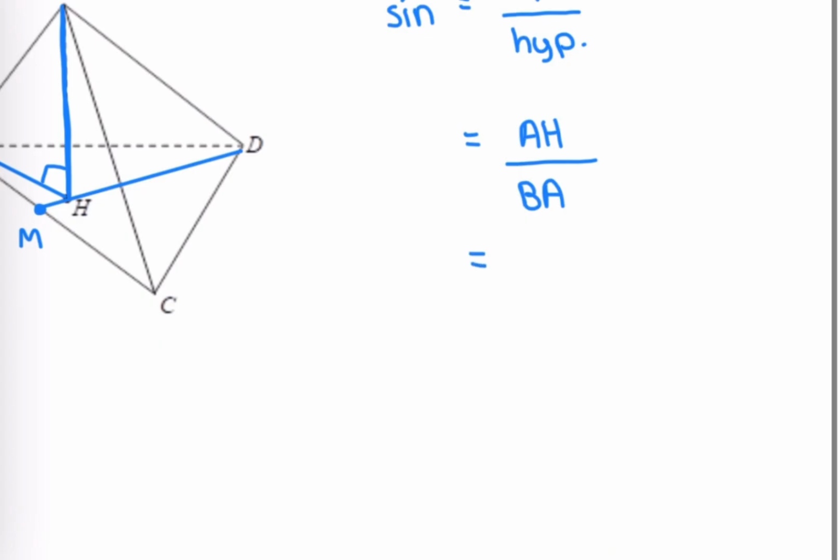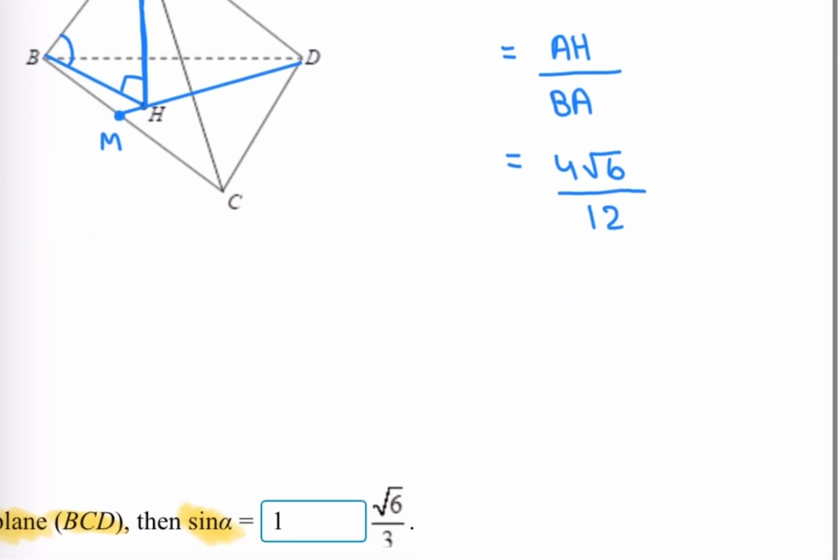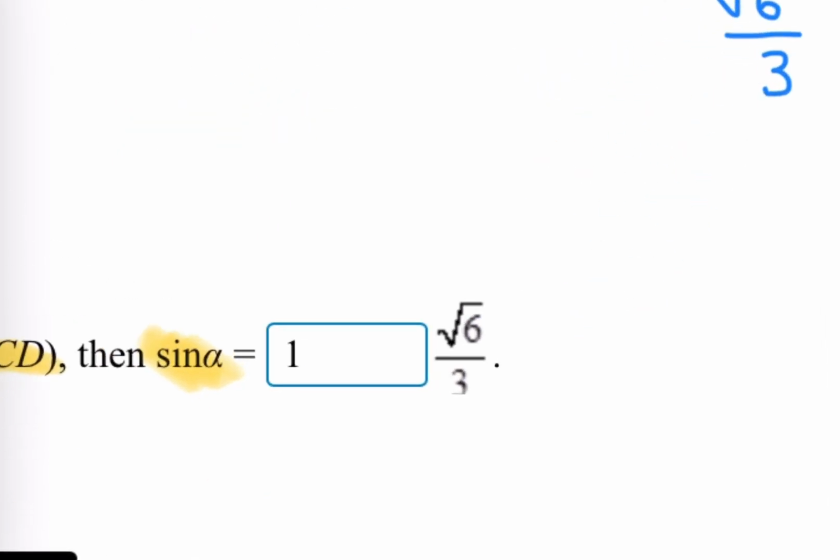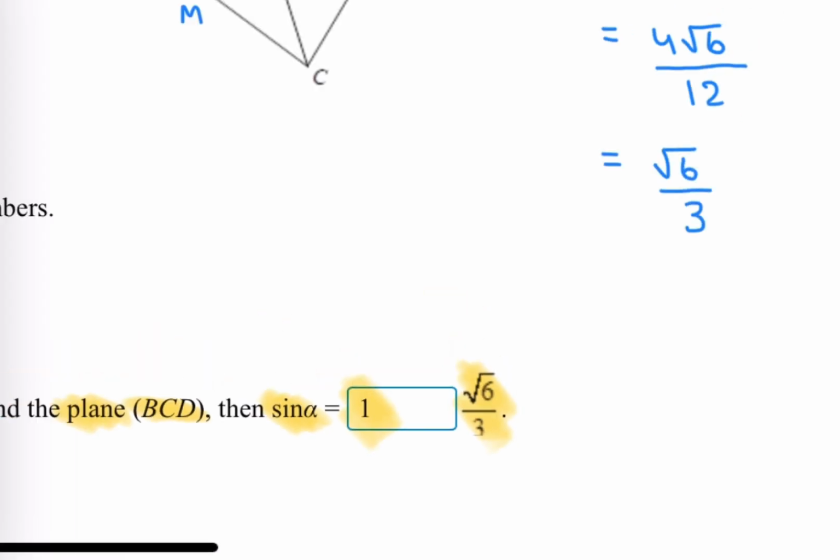So we already know that AH is 4 radical 6, and we know that BA is 12. And then you're going to get radical 6 over 3. They already gave you radical 6 over 3 here, so you're just going to put a 1.